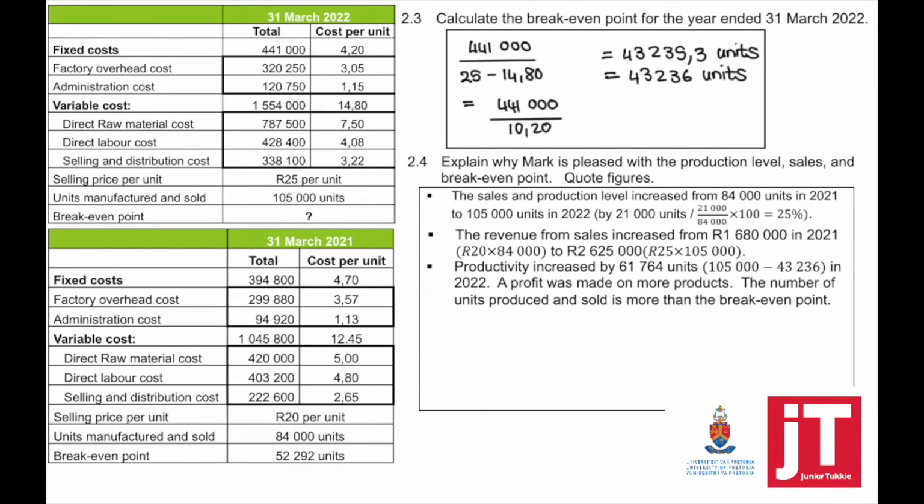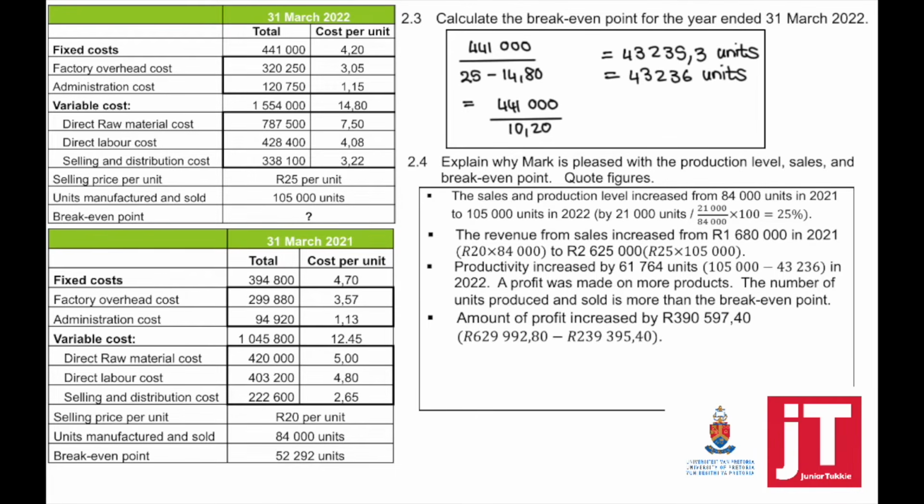Then we can look at the productivity increase by 61,764 units. If we take 105 units minus the break-even point in 2022, this means that a profit was made on more products. The number of units produced and sold is more than the break-even point.